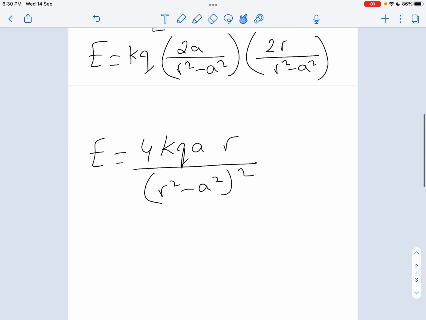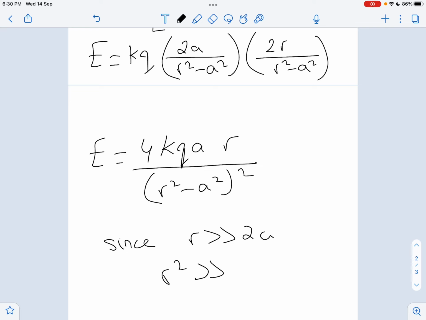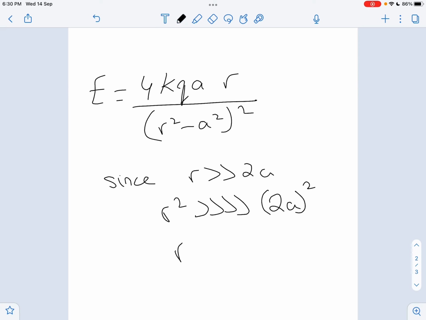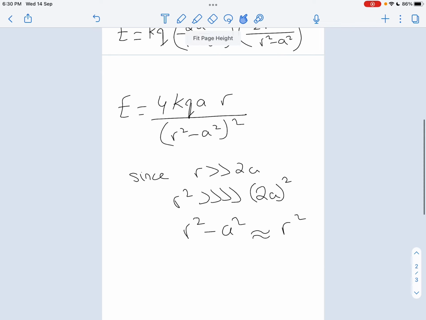Now, as I said, since r is much bigger than 2a, r squared is much bigger than a squared, which means if you subtract a squared from r squared, you can estimate it to become r squared, as if I'm subtracting $1 out of $1 trillion. So nothing happens to the $1 trillion. It remains around 1 trillion.